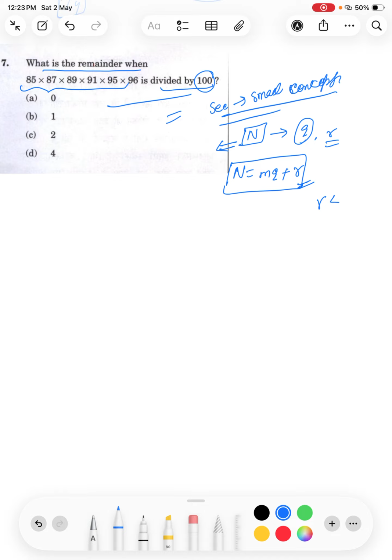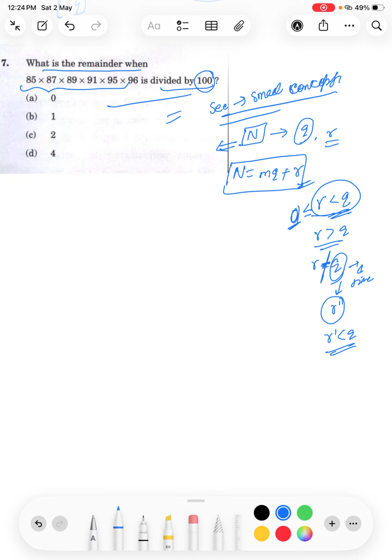Where R will be less than Q, because had it been greater than Q, then Q would divide it at least one more time, and then you get another remainder R dash, which will be less than Q. So R will be less than Q and greater than or equal to 0.